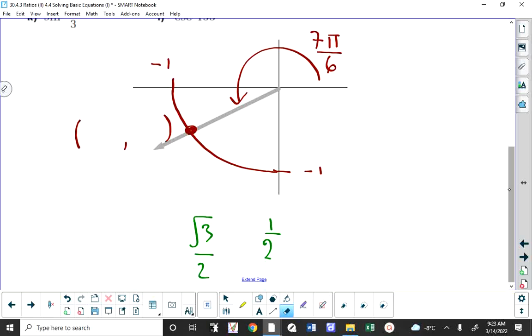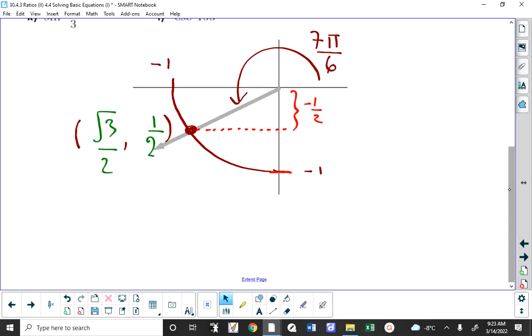And since this number here is -1, you can see visually that this distance appears to be 1/2 of that distance. We can call it -1/2, but you can see the y coordinate is -1/2. So we're going to put the half in here. We're going to put the root 3 over 2 in for x.